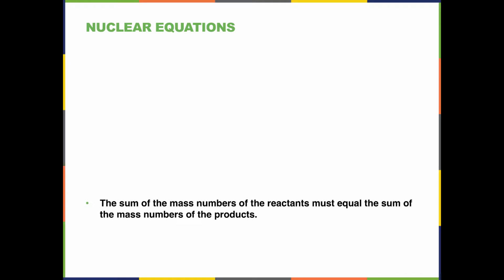So the sum of the mass numbers of the reactants must equal the sum of the mass numbers of the products. So this is the first principle when you write a nuclear reaction. You have to make sure you balance the mass numbers; the reactants have to equal the products.